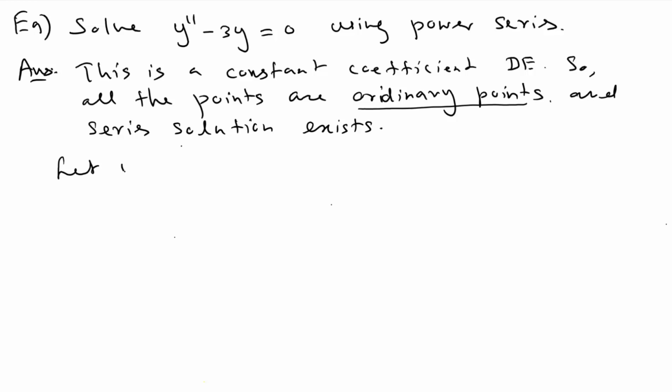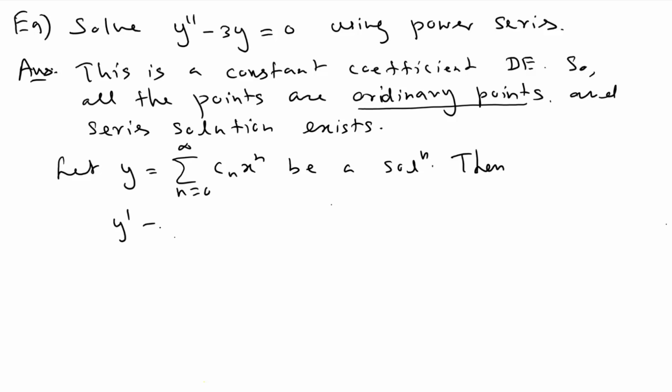So let y equal sigma n going from 0 to infinity cₙxⁿ be a solution. Then y prime is simply the sum with n starting from 1 to infinity; you simply take the derivative inside, so n cₙ xⁿ⁻¹.